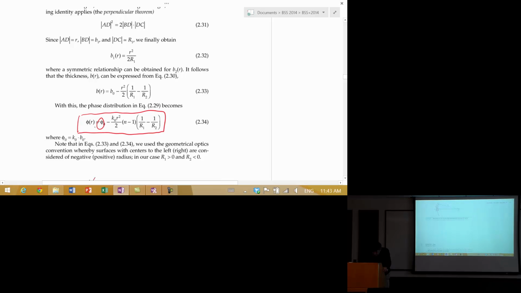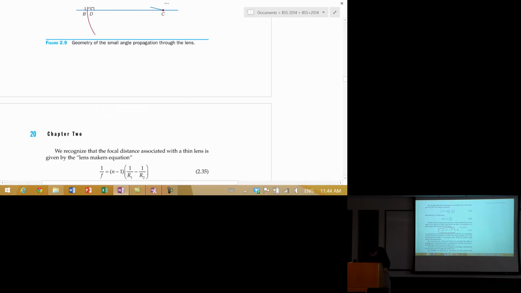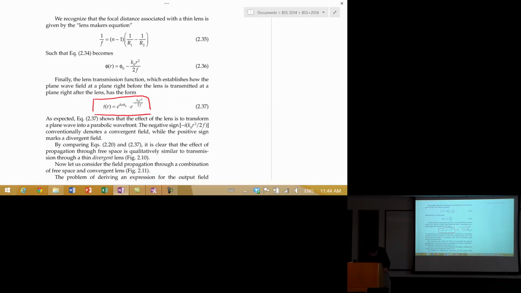So, long story short, if you write a transmission function of a lens, again I have a plane wave incident on a lens, what do I get right on the other side? What you get is e to the i something that is constant and unimportant, and then you get this thing, which is simply e to the minus i k naught x squared plus y squared over 2f.